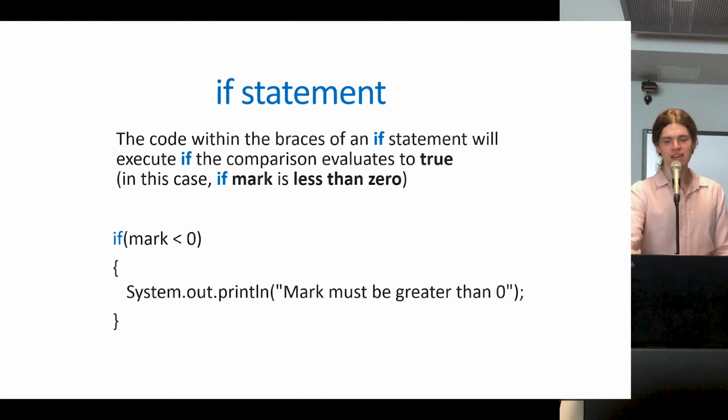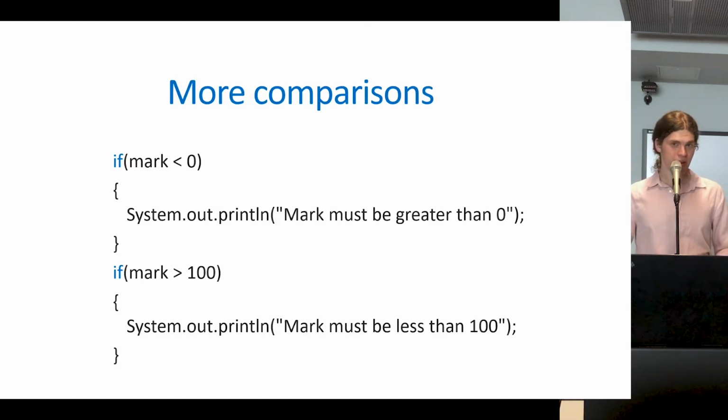And we can also combine if statements. We can have multiple if statements in our programs. In this case, they're one after another. First of all, we test the value of mark to see if it's less than 0. If it's -1, then we would print out this message within this pair of braces. And then we could test the mark again to see whether it's greater than 100. It could be the case that the first check passes.